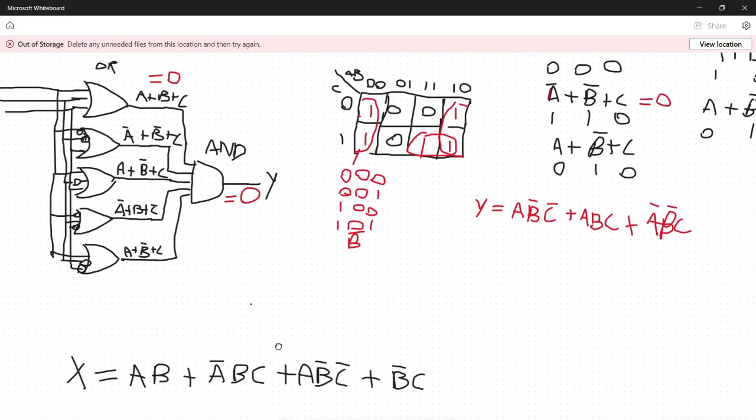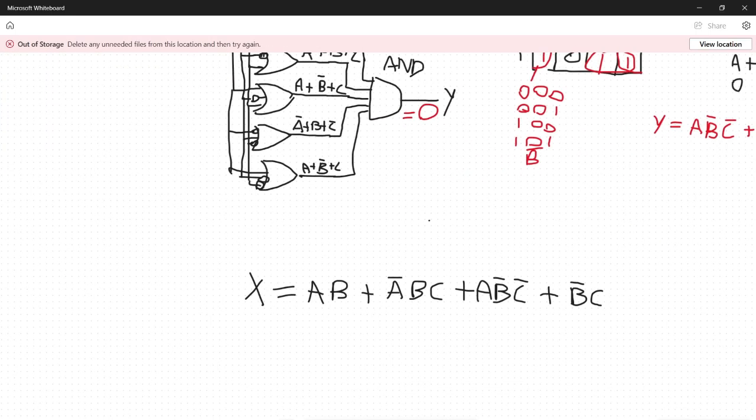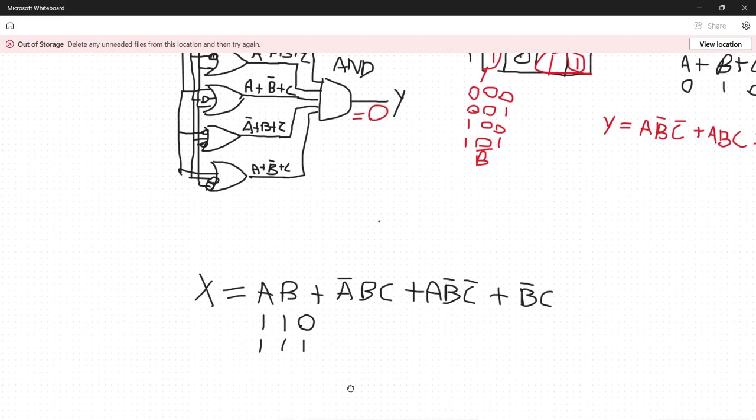So what we're going to do is, instead of looking at what values would give us 0, we're going to look at what values would give us 1. So for this, if A is 1 and B is 1, and since there's no C, then C can be any number. So that means these two values will give us 1.